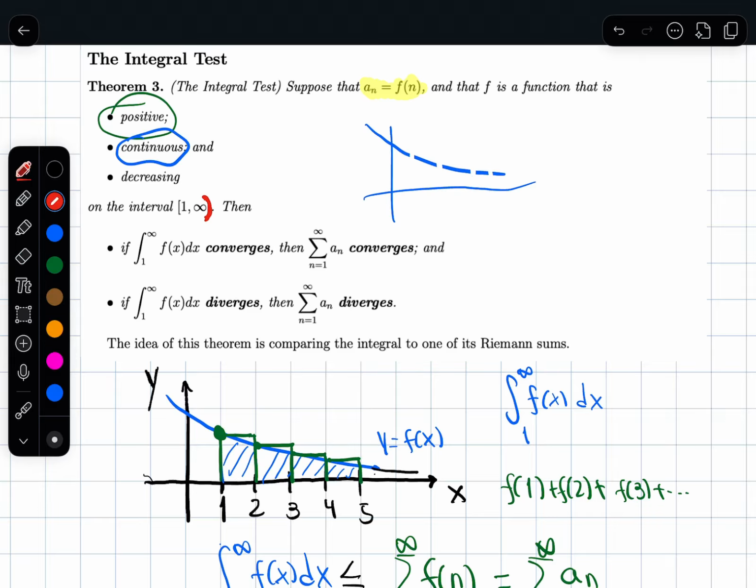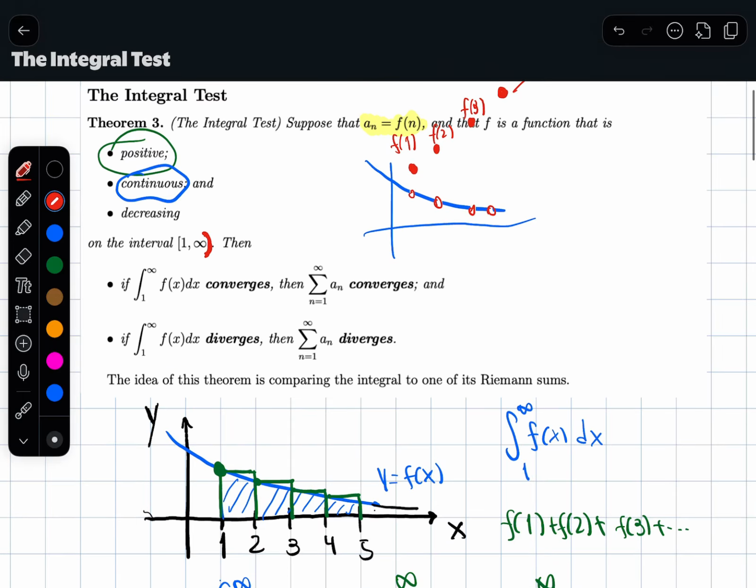Maybe these are all holes, and the correct way to fill in the holes would give you something weird. This is f of 1, this is f of 2, this is f of 3. So the series itself, the points, will diverge. You can see this is going to infinity.